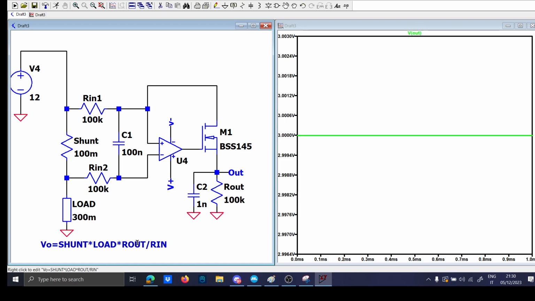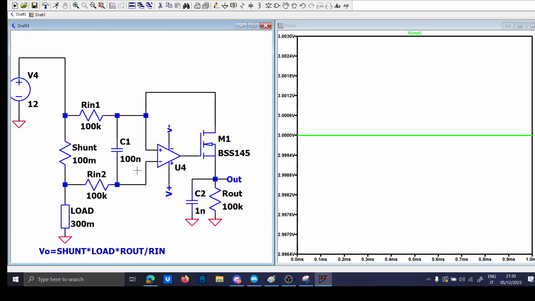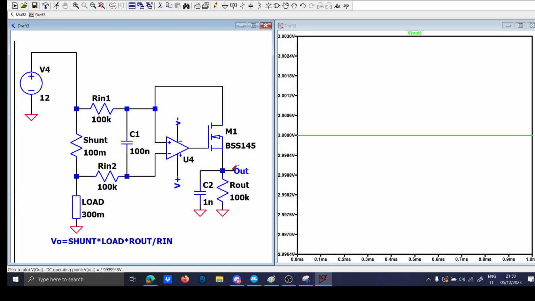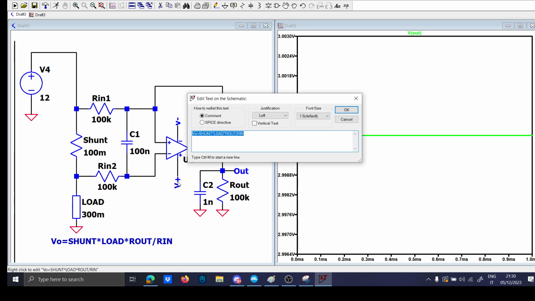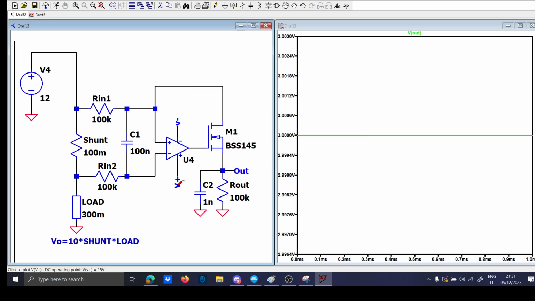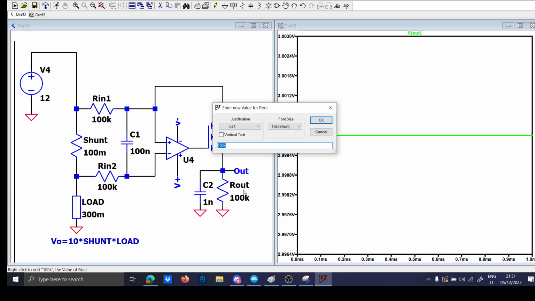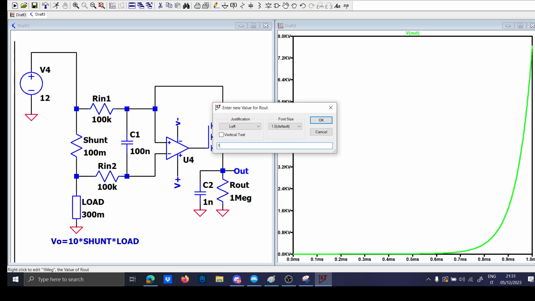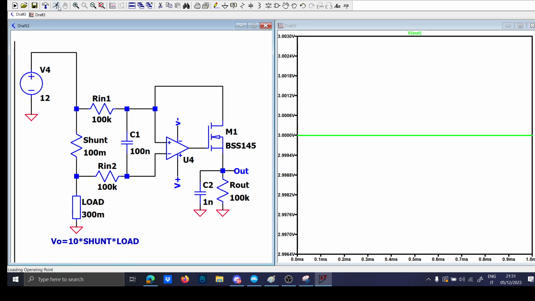So naturally, when everything is fixed, you can decide the gain and everything. As you can see, I have realized a current to voltage converter with a gain of 10. So in this case, VO is equal to 10 times shunt times load. When Rout is equal to Rin, you have 10 times shunt over load. Naturally, if I put 1 megaohm here, I will have the saturation, and of course, this is not feasible.